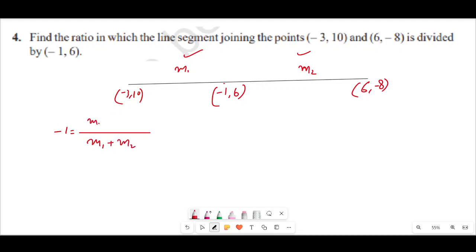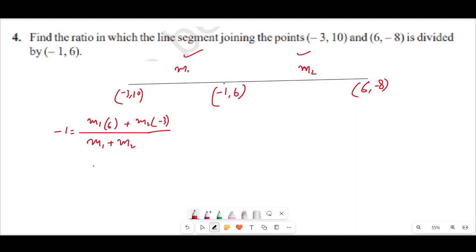Now M1, and here we will multiply by 6, then it will be -3.